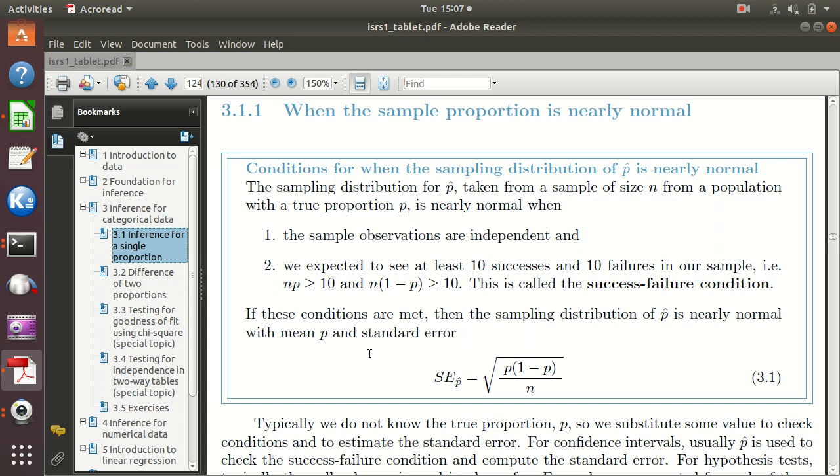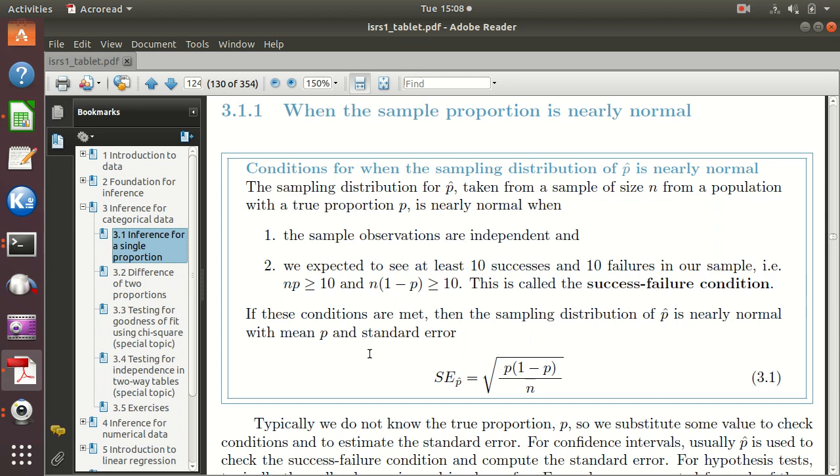What's weird about the textbook is they give us different answers in different places. I just want to point this out and show you what I started with last module: if n times p, your number of trials with your proportion of success, is greater than or equal to 5 and n is at least 20, you do pretty well.